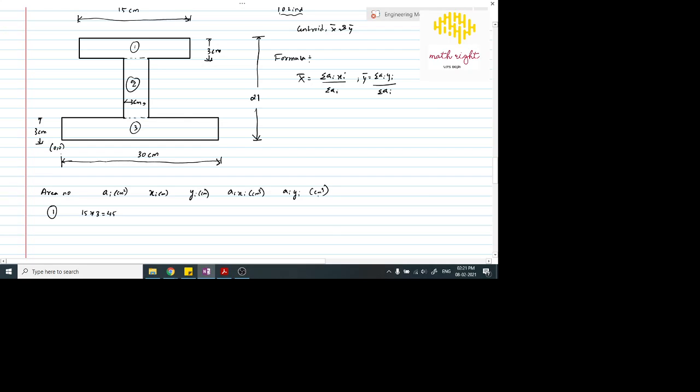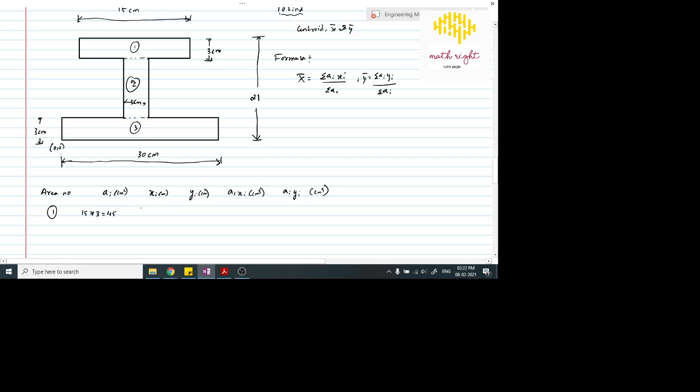Okay, this point is the origin 0, 0. We want to find the center for this rectangle. How can we find the center? For x, we know that for a rectangle x is equal to b by 2. What is the center here? This particular point, that is b by 2, so 7.5.